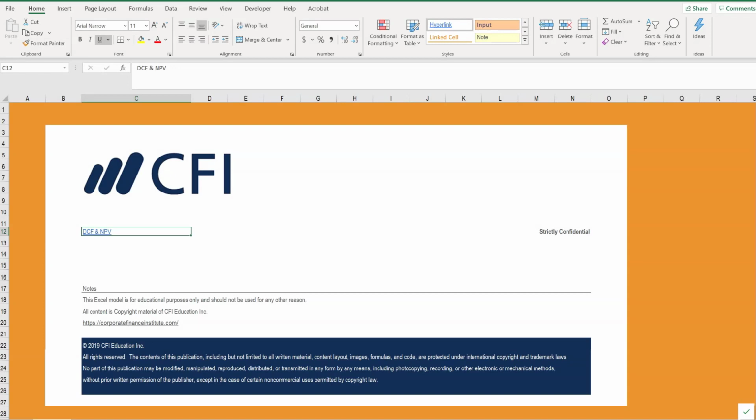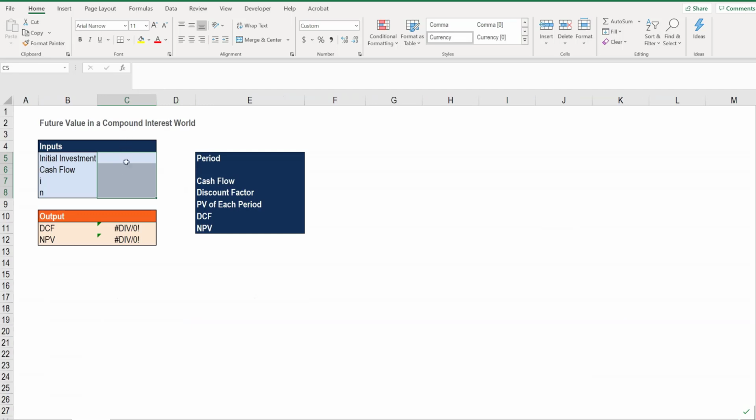Now I will demonstrate how to calculate NPV and DCF using an Excel spreadsheet. Let's consider a hypothetical example where you need to invest $10 million today on a plant or a project that will return $1.75 million for the next 7 years. Let's assume the discount rate we use is 5% for this particular project.